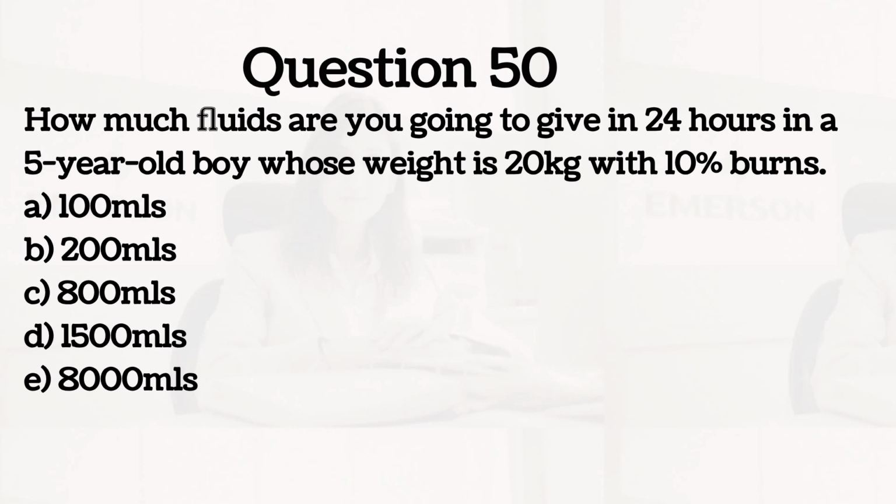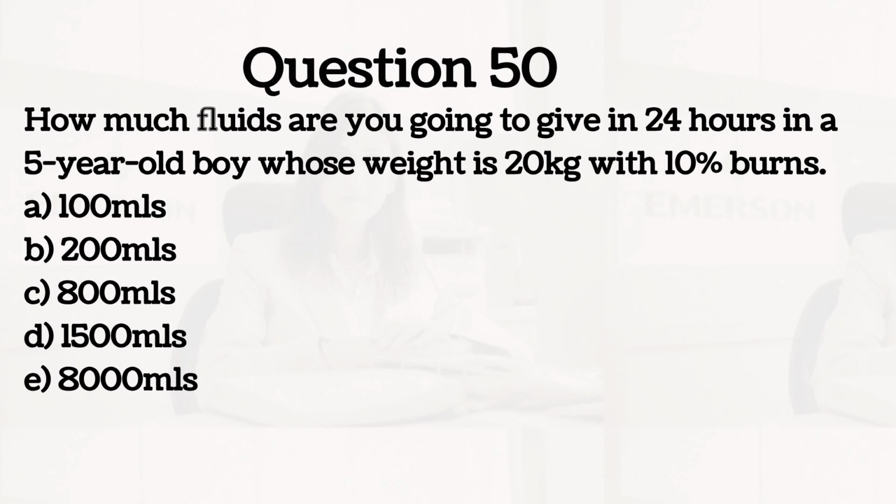Okay, I'll start. A 5-year-old boy, 20 kg with 10% burns, to give in 24 hours. Let's use the Parkland formula. Parkland's formula is equal to your total body surface area percentage times the body weight, also times the range, which is 2 to 4 mils.